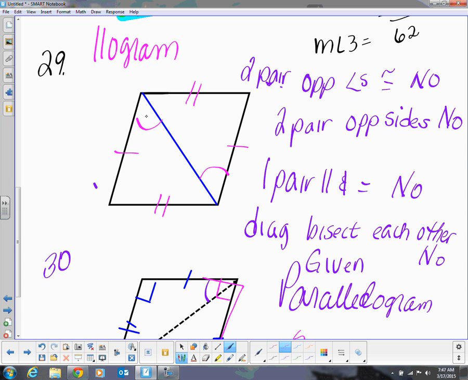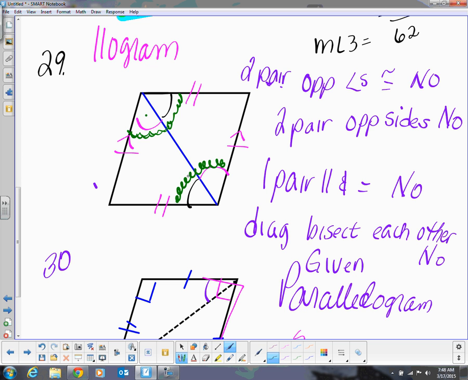These two angles tell me that these are parallel. Because it's a parallelogram, what do we know about this angle right there and that angle right there? Opposite angles are congruent. If this part is congruent to that part, what must be true about this part? Right, this has got to be congruent to this.